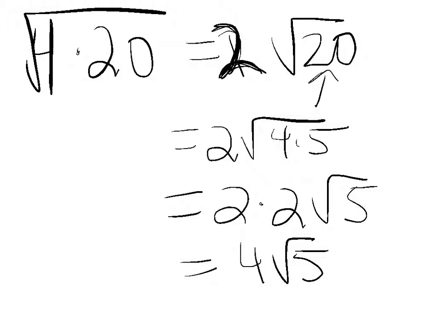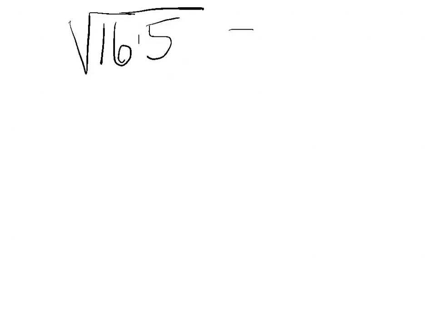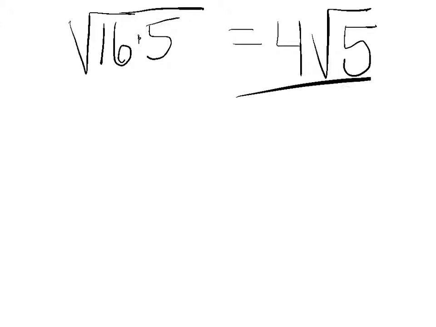Now, if we say that the square root of 80 is the square root of 16 times 5, then we take the square root of 16, which is 4, and the square root of 5. We get the same result, but in fewer steps.